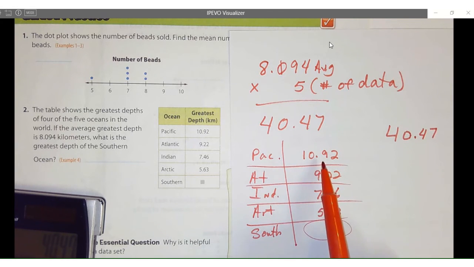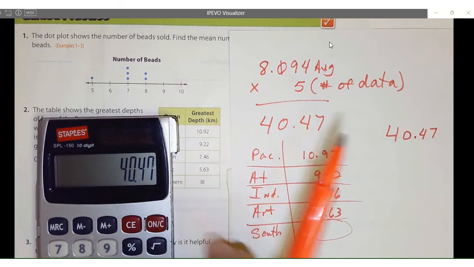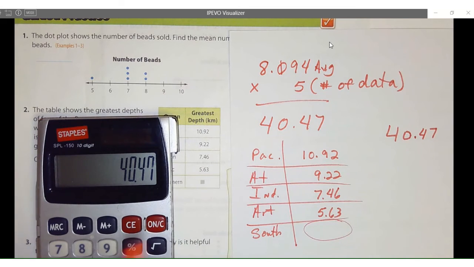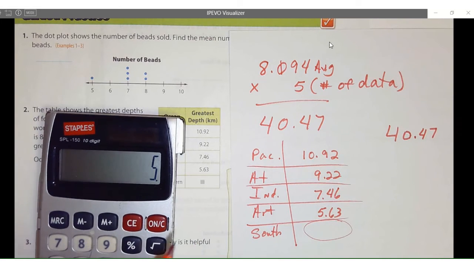Let's total these four. We have 10.92 plus 9.22 plus 7.46 plus 5.63 equals 33.23.